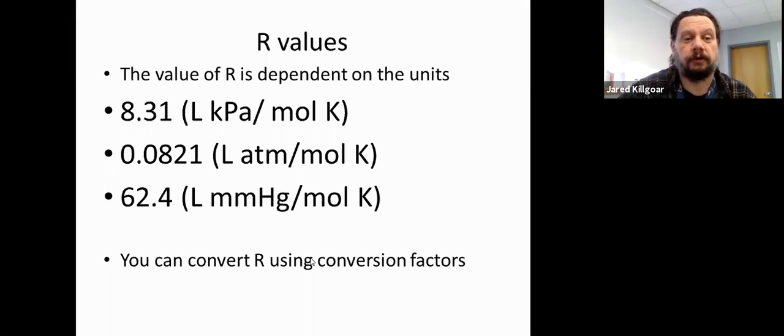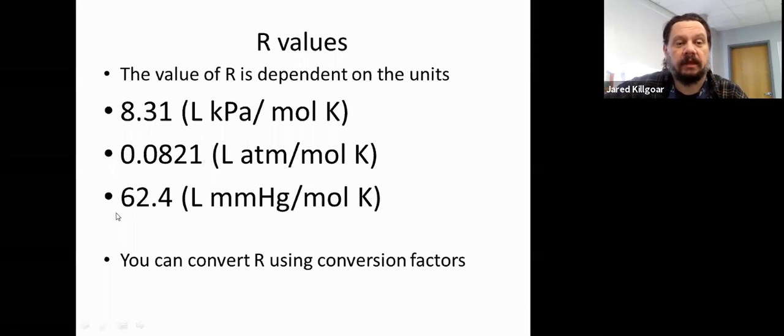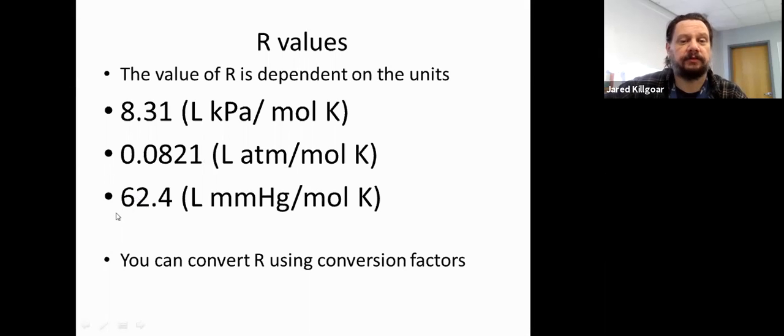If you're referring to liters, kilopascals, moles, and Kelvin, you're going to use the 8.31 value for R. If you're referring to liters, atmospheres, moles, and Kelvin, you're going to use the 0.0821 value for R. And lastly, if you are referring to liters, millimeters of mercury, moles, and Kelvin, you're going to use 62.4 as the value for R.